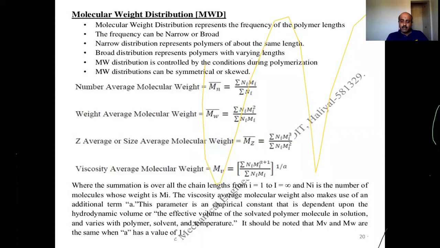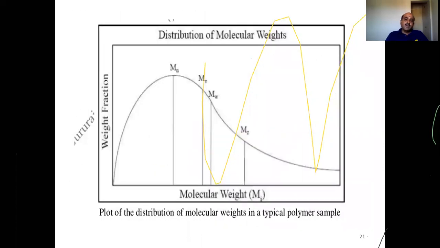And we have one graph actually. This is a distribution of molecular weights. This is a diagram, I think you can see here, the plot of a distribution of molecular weights in a typical polymer sample.